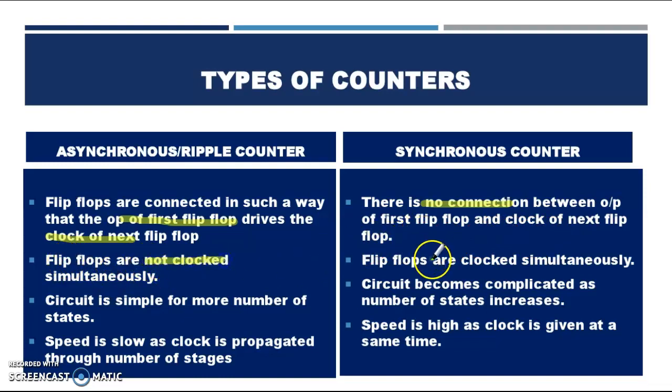In a ripple counter, the circuit is simple for more number of states, whereas in a synchronous counter the circuit becomes complicated as the number of states increases. In a ripple counter, speed is slow as the clock is propagated through a number of stages, whereas in a synchronous counter, speed is high as the clock is given at the same time.